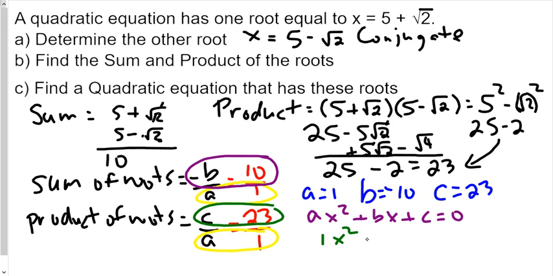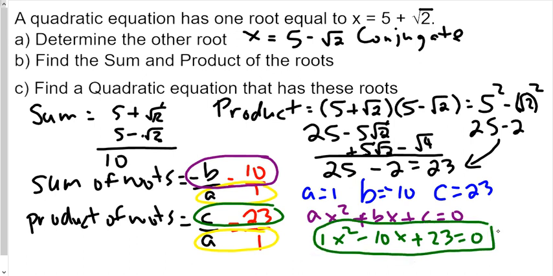That's plus bx, but our b value is negative 10, so minus 10x plus 23 equals 0. And this will be the quadratic equation that matches up here.